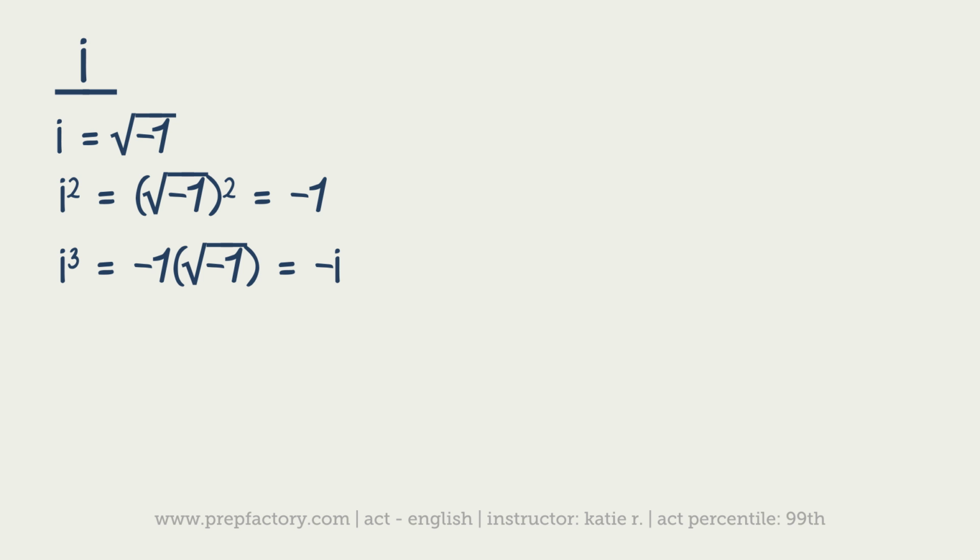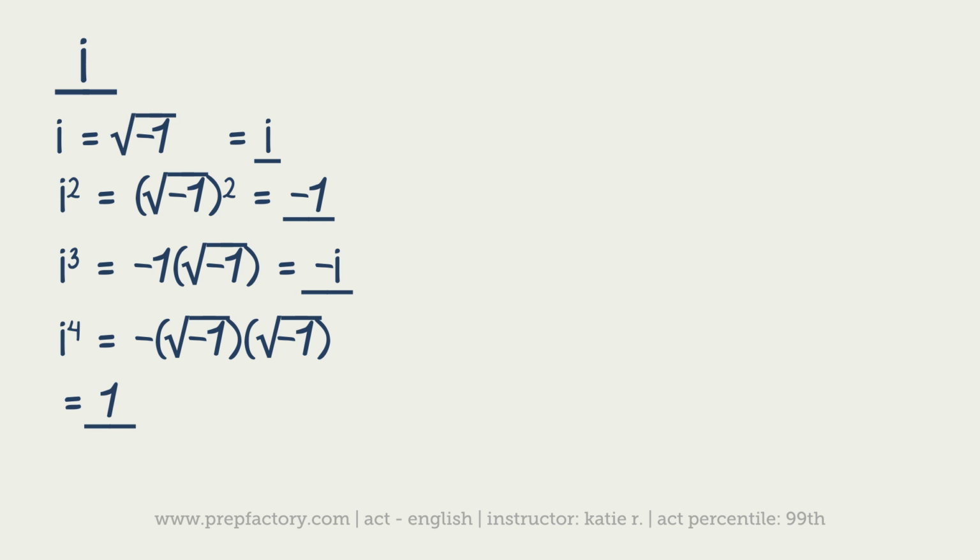And then i to the 4th is negative radical negative 1 times radical negative 1, which ends up being just positive 1. So it cycles from i to negative 1 to negative i to 1. It always goes in that cycle.